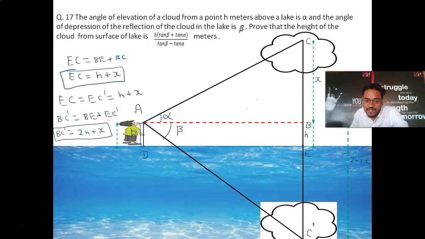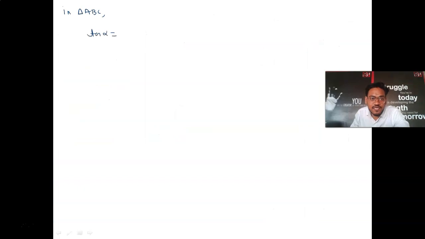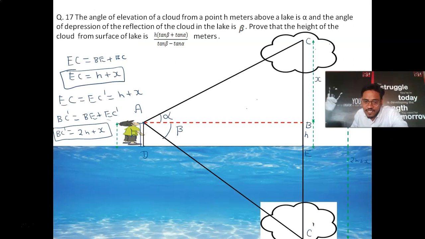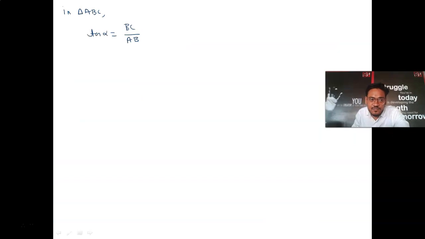It is going to be BC upon AB. Clear? BC upon AB. Now BC is X, and AB, I didn't assume anything. If you want to assume, you can assume it with Y. Okay, so let me write it is X, and let it be AB only, because I have to eliminate AB.